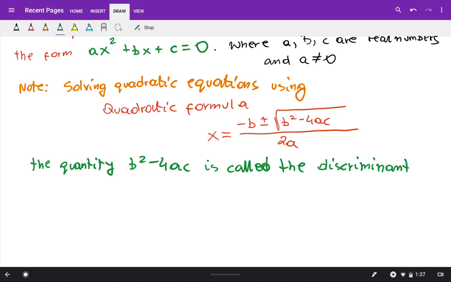This is very important because the discriminant will tell you how many solutions we have when we're solving a quadratic equation.